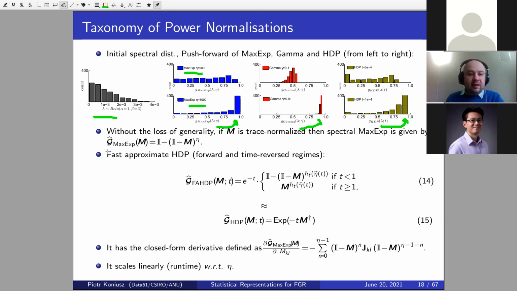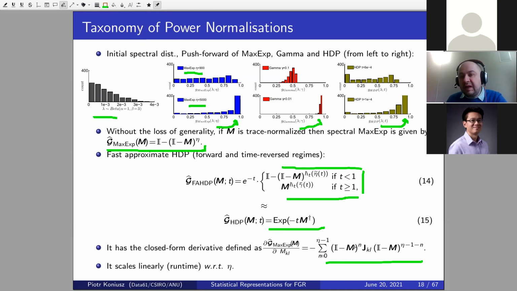The beauty of this particular pooling operator here is that it can be realized just by matrix-matrix multiplications, which means that it's very efficient on GPUs. And whole heat diffusion over here can be approximated by the function over here. Again, the derivative has closed form, which relies on matrix-matrix multiplication.